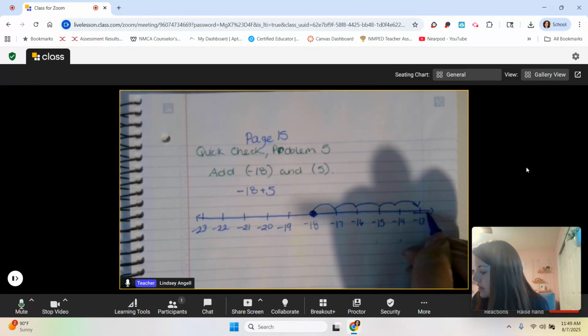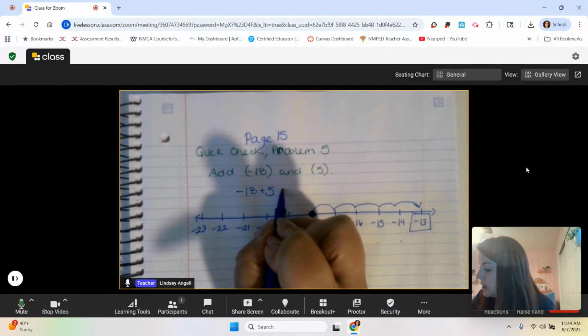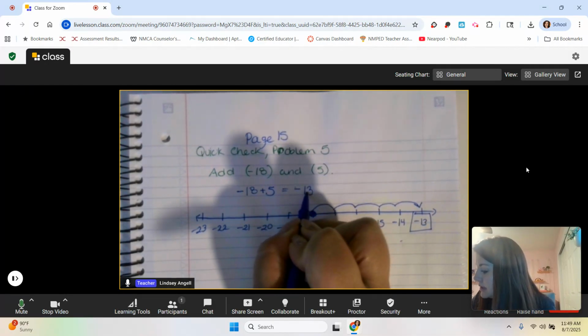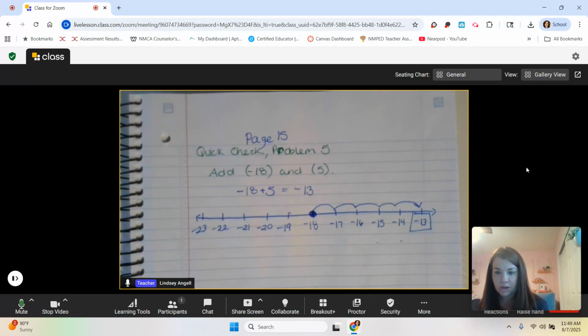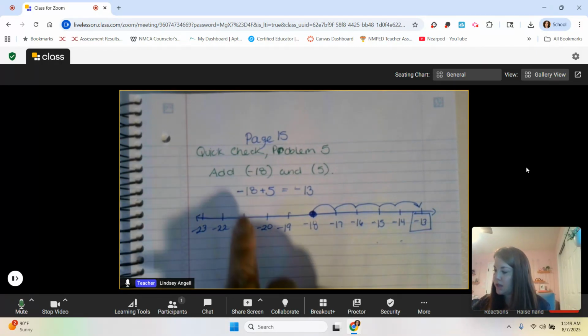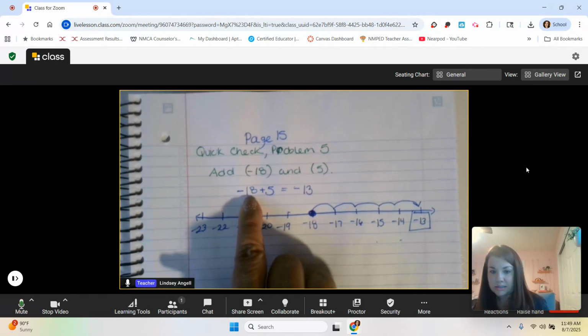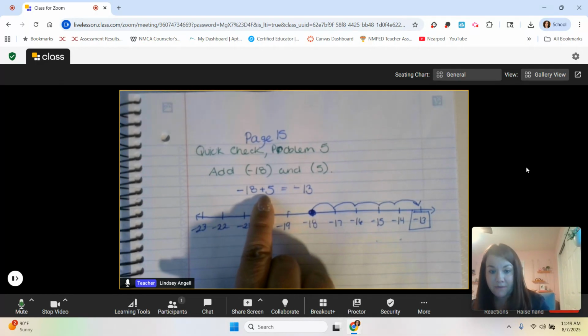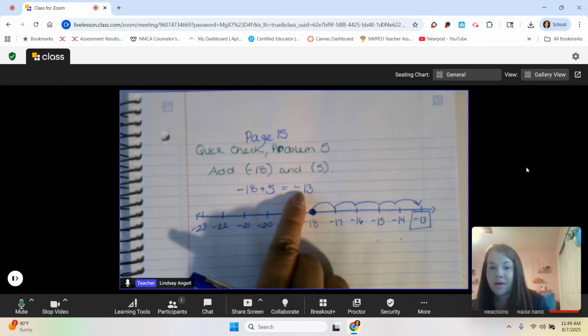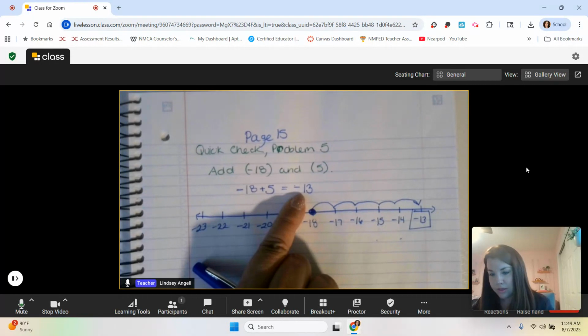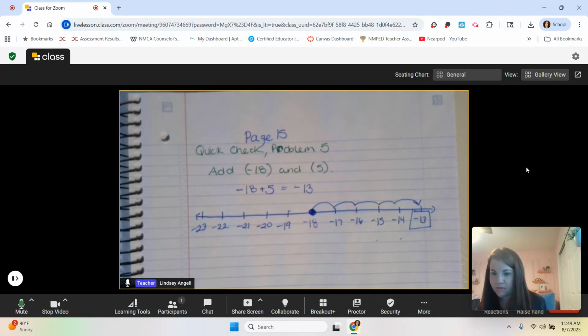And there I am at negative 13. Okay, so if you remember from earlier, I owed my mom $18. I paid her back $5. So now I still owe her 13. Okay, that's a little bit of a real world example to go with that.